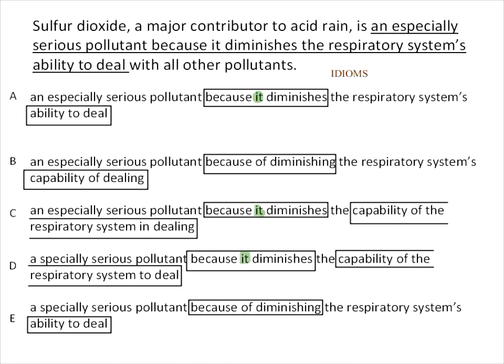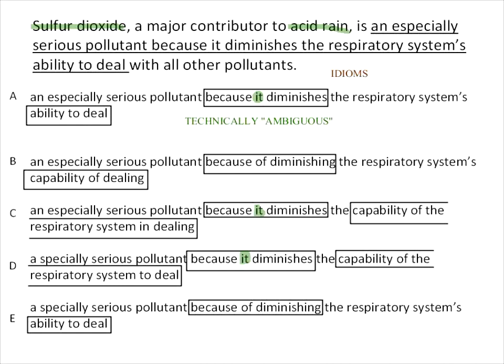Because technically, this is an ambiguous pronoun, because there are two possible antecedents that match it in number. We have sulfur dioxide and we have acid rain.